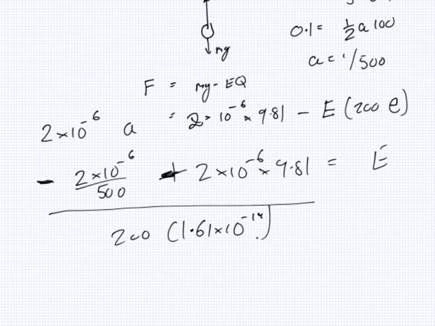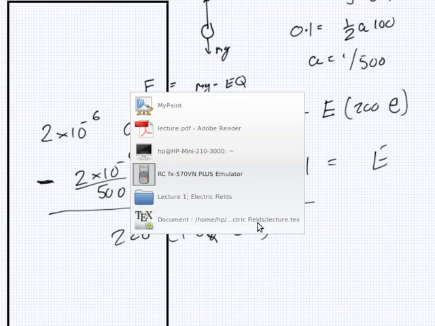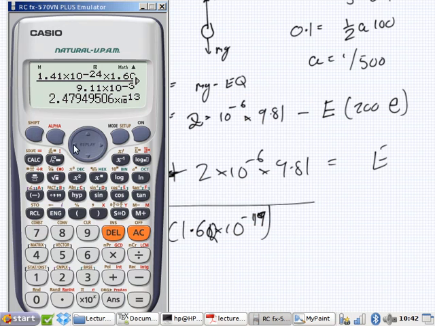Is it? No. What's the charge of an electron? 1.602. Oh yeah, negative 19. Minus 19. Yeah. Okay, question?